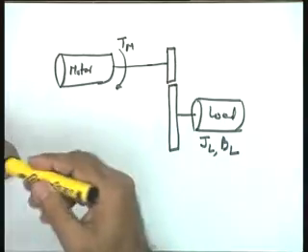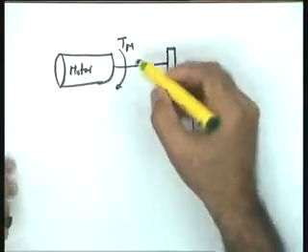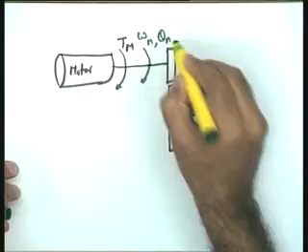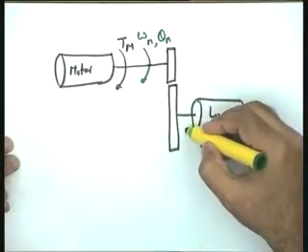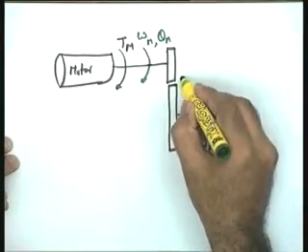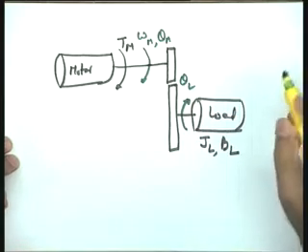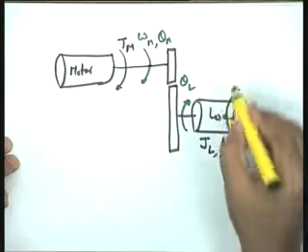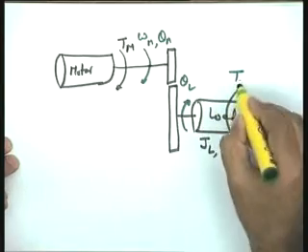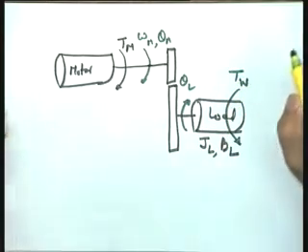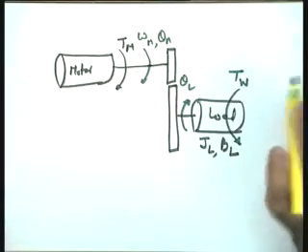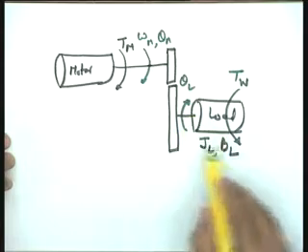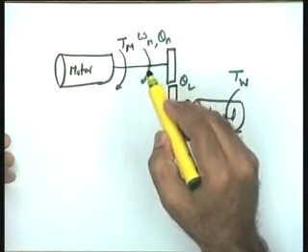Let me say that as far as this system is concerned, theta m is the position of the motor shaft and omega m is the velocity, and in the opposite direction theta L is the position of the load shaft, and the disturbance torque Tw is going to oppose the motion, and therefore I am giving it this direction. So, the conclusion of our earlier discussion was that the load parameters could be reflected onto the motor shaft.